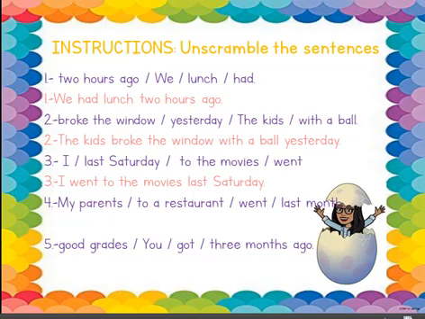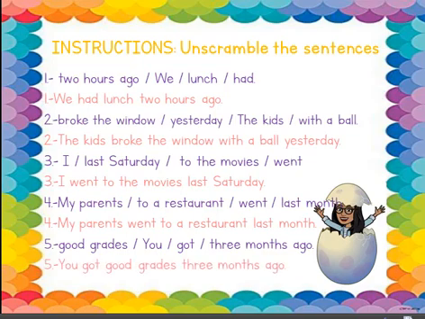And the correct order is my parents went to a restaurant last month. And number 5 good grades you got 3 months ago. And the correct order is you got good grades 3 months ago. Very good. Now let's continue.